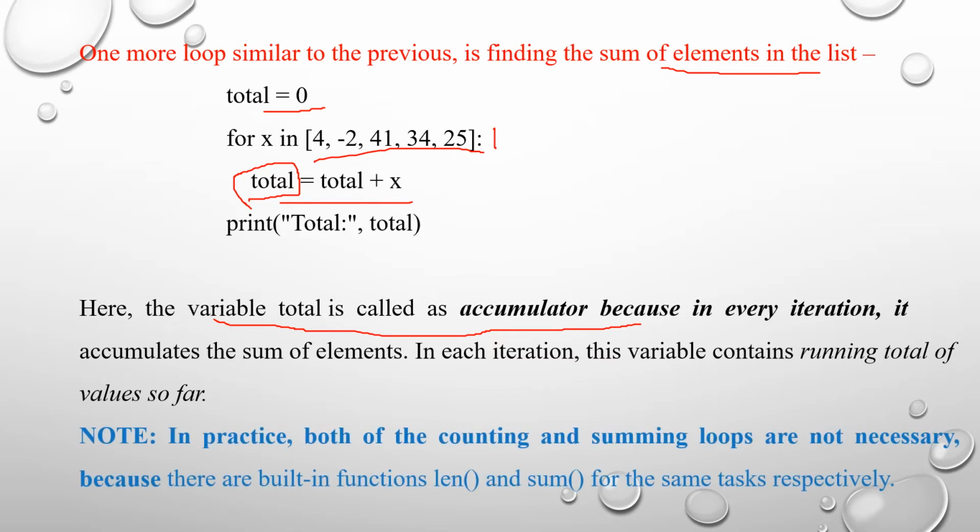Note that in practice, both the counting and summing loops are not necessary, because there are built-in functions in Python, the len and sum functions, for the same tasks respectively. The len function counts the items, and the sum function will give the sum of lists or tuples.